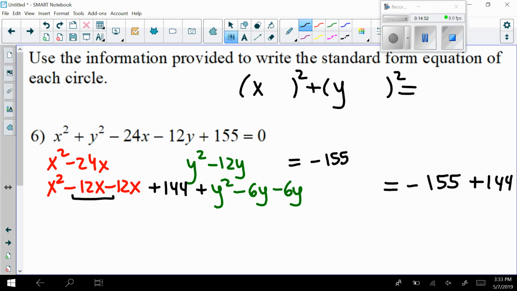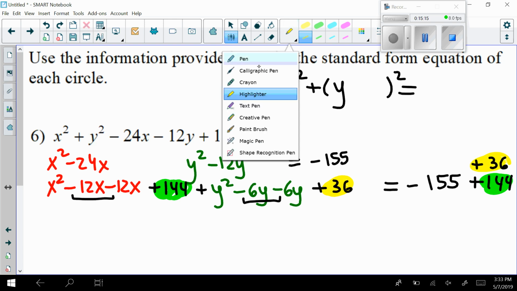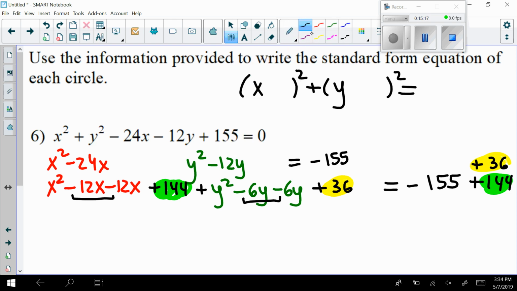Over here, these two numbers multiply to positive 36, so I need a 36 here, and I'm going to add a 36 here. I'm actually going to highlight this. Here is my 144, here is my 144. Here is my 36, here is my 36. Because if you forget, your radius is going to be all messed up.